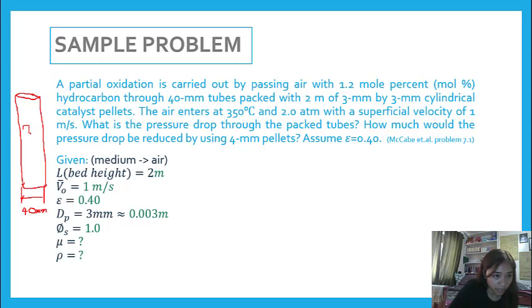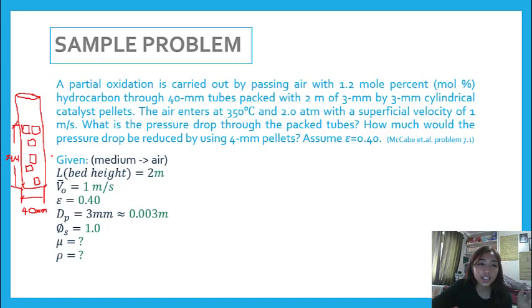So imagine that these are cylinders. Then they occupy 2 meters of the tube. The size of the pellets is 3 mm by 3 mm. With that, we have visualized the problem.